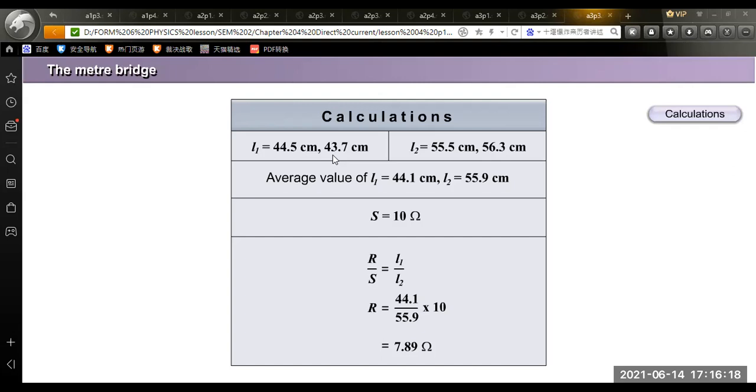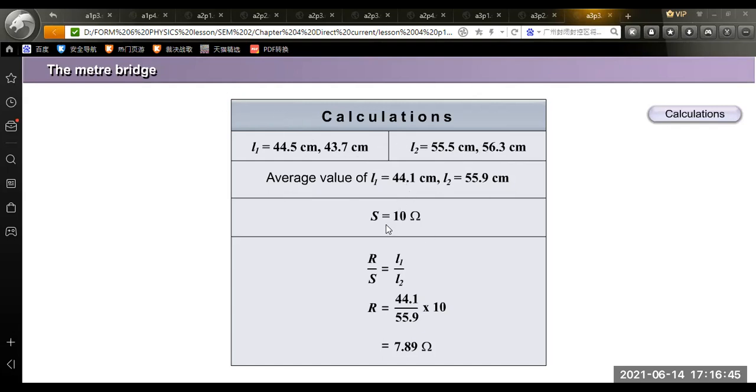So the average value of L1, from 44.5 and 43.7, is 44.1 cm. And from 55.5 and 56.3, the average of L2 is 55.9. That means I make sure by taking two readings.